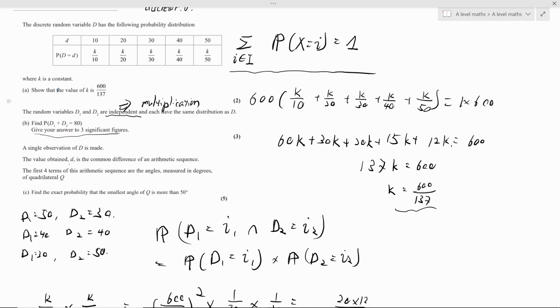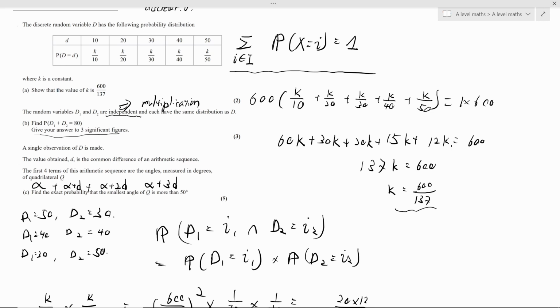So let's say the smallest angle is alpha, then alpha, alpha plus d, alpha plus 2d, and alpha plus 3d are the 4 angles of some quadrilateral Q, isn't it? And for any quadrilateral, we know that their internal angles sum up to 360.